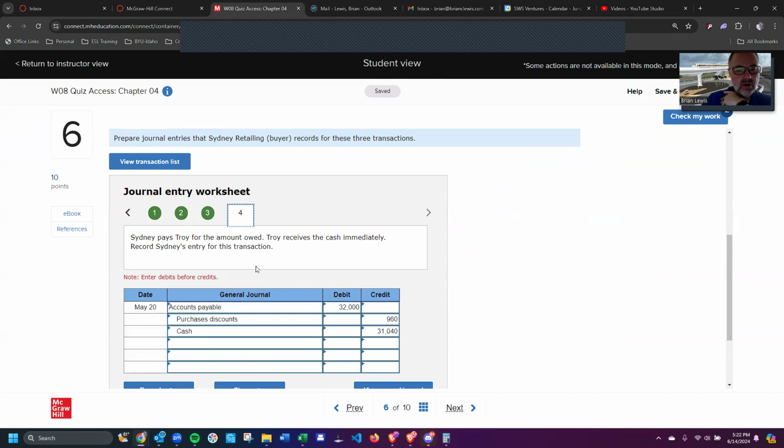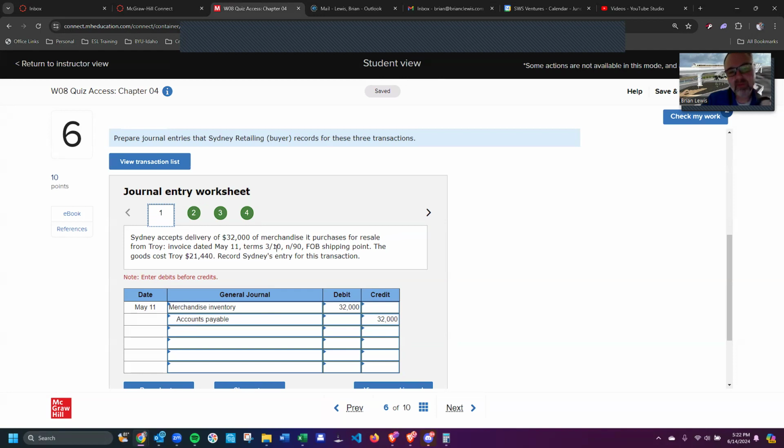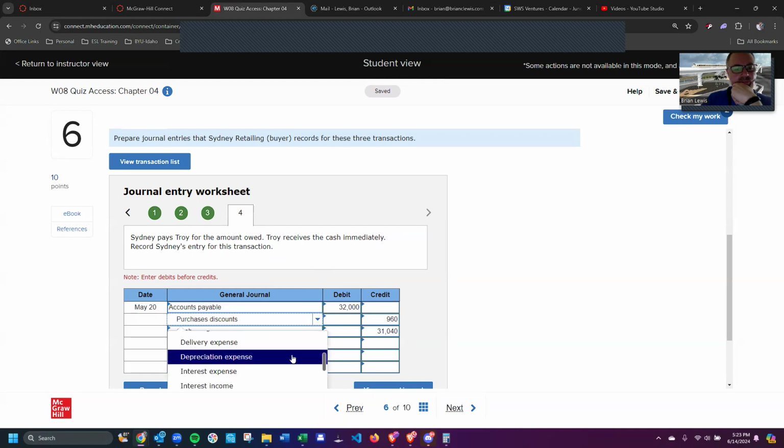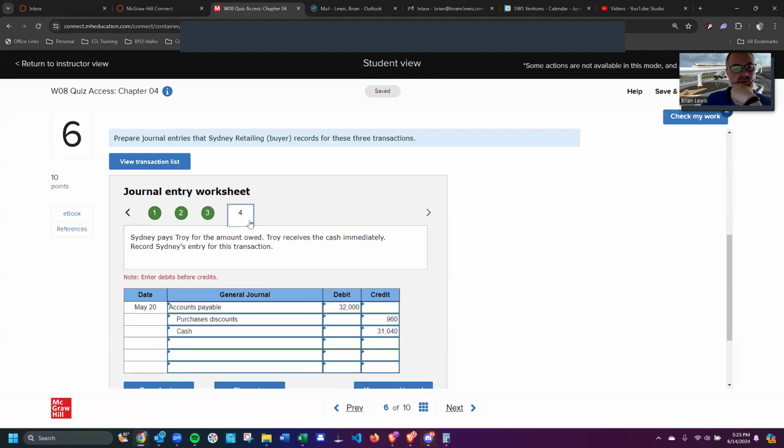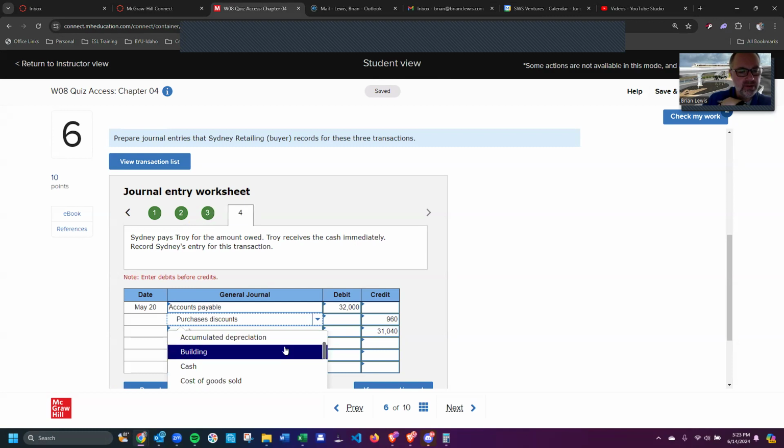And this one was wrong. Well, we should have purchase. Oh, wrong side of the equation. So let's look at doing this under merchandise inventory as well.